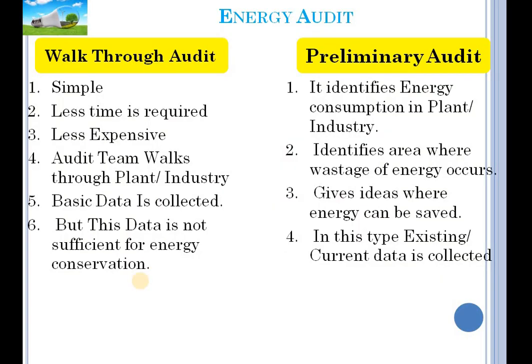Here, all the existing data in which the industry is running is collected, and based on that data and the measurements carried out under the preliminary audit, different suggestions are given by the audit team and the audit is carried out.